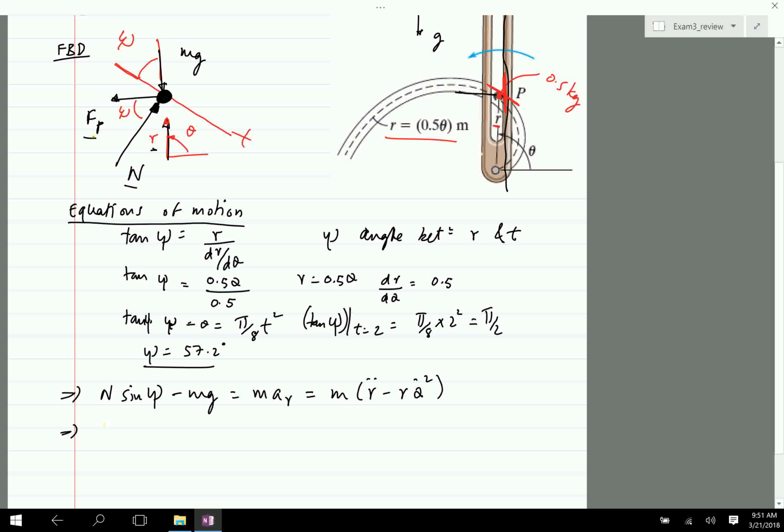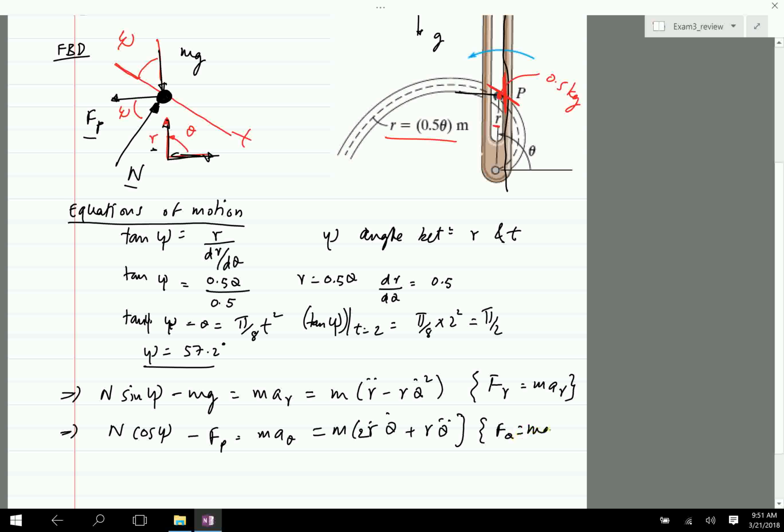And that's Fr equals m a r. The second equation is n cosine psi, that's in the theta direction, minus Fp equals mass times acceleration in theta, which is r dot theta dot plus r theta double dot. So this is F theta equals m a theta.